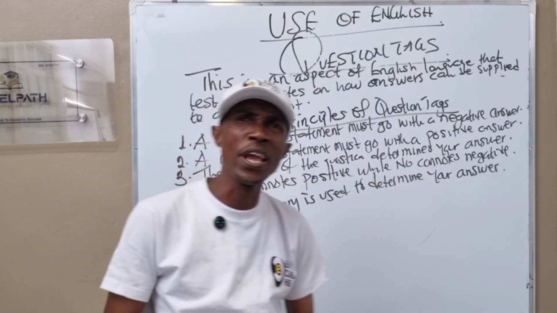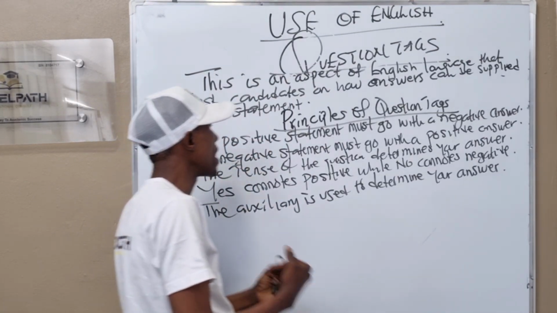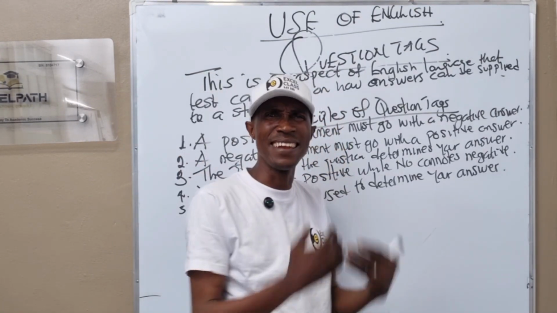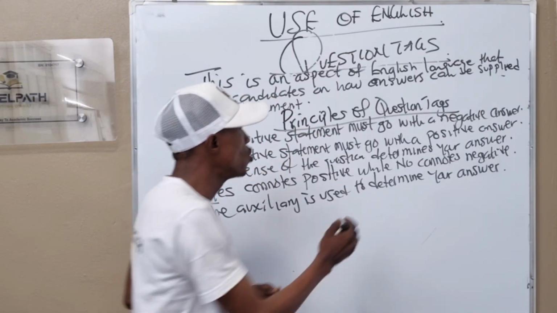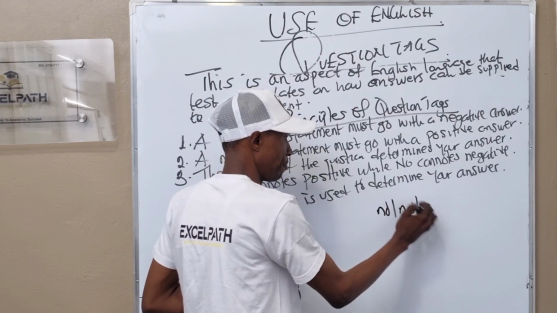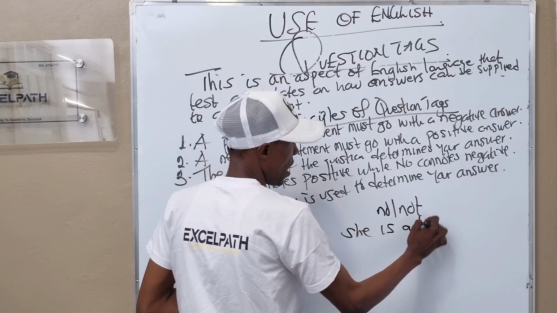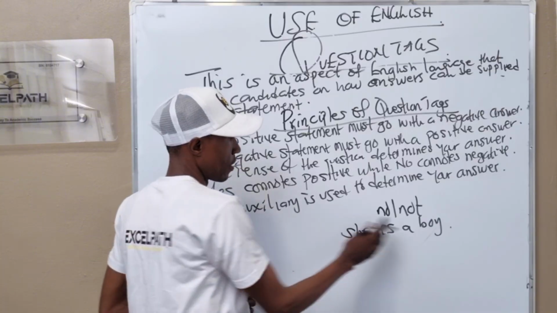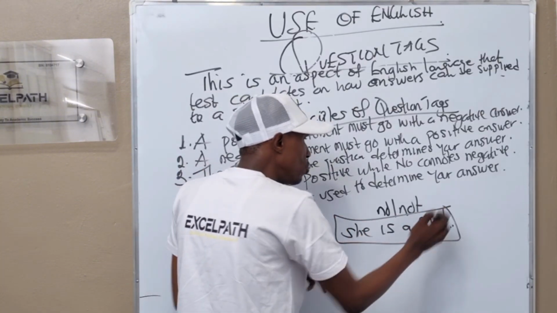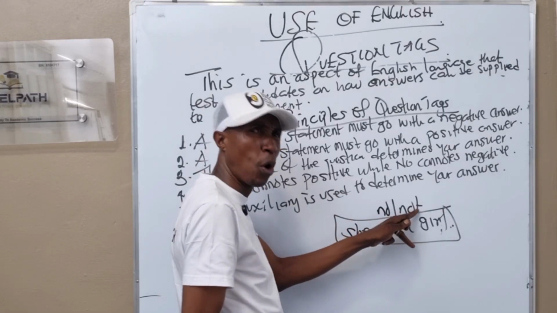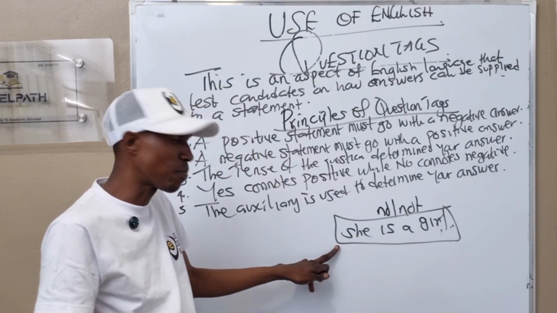How do you know if a statement is positive? And how do you know if a statement is negative? A positive statement does not carry no or not. Take for instance, she is a girl. This sentence does not carry no or not. So this is a positive statement.